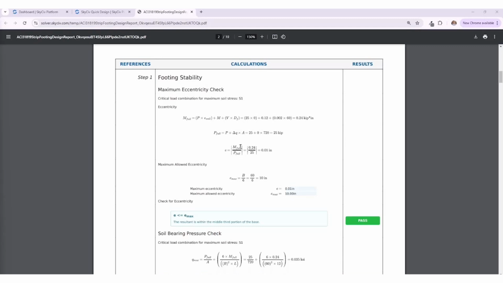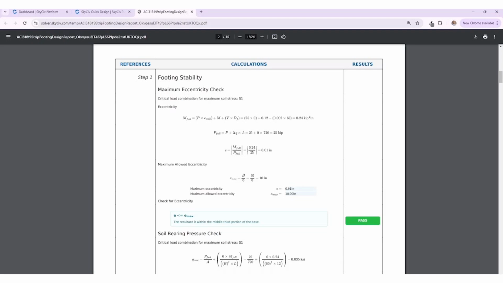So here we use M full over P full. The maximum eccentricity should be within B over 6, where B is the footing width. So we have a 5-foot wide footing, so 60 inches divided by 6 equals 10 inches.